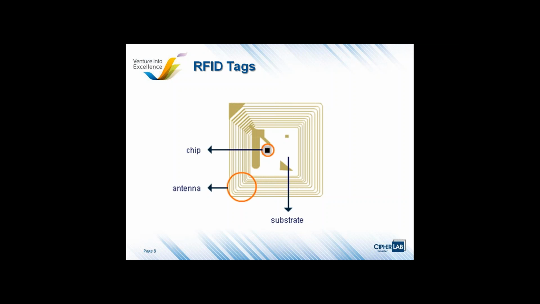The RFID tag consists of a substrate, antenna, and chip. And the reader can communicate with the tag to receive and transmit data through radio frequency.